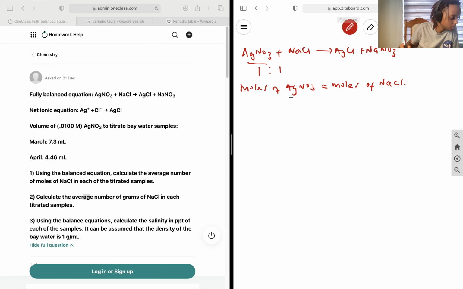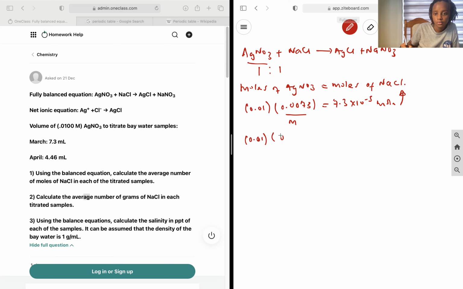The moles of AgNO3 are going to be equal to 0.01 multiplied by 0.0073. So this is for the March sample. And this will give us 7.3 by 10 to the negative 5 moles. And that would be the moles of NaCl for this March sample.